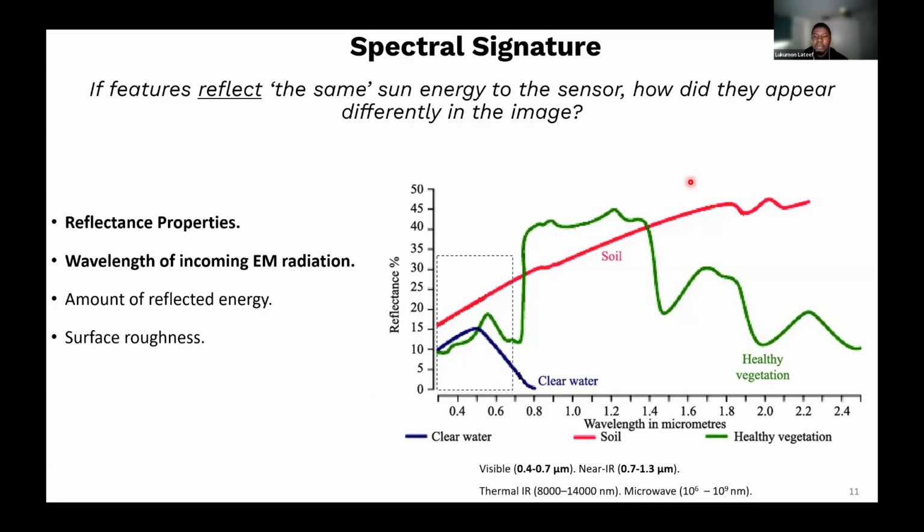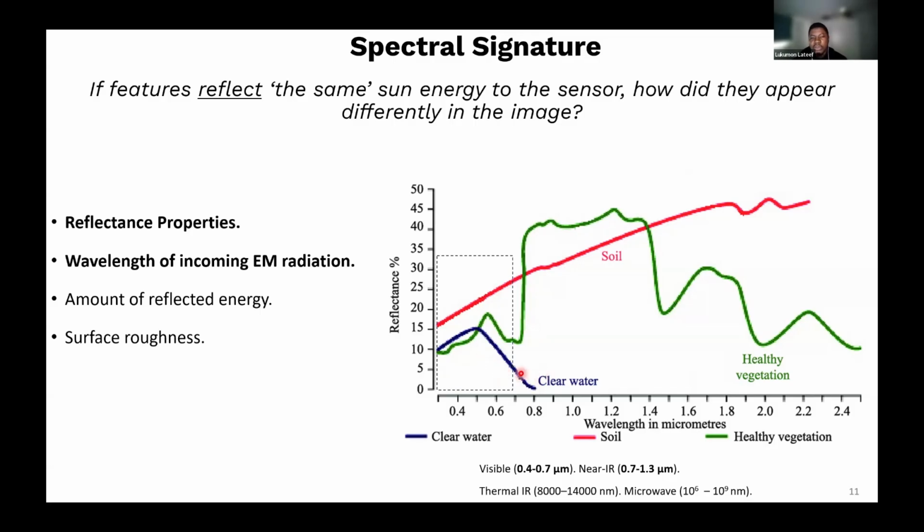Soil and built up can be put in the same category. The way they appear depends on the reflectance, wavelength, and also the amount of energy, as well as the roughness of the surface, which I'm going to elaborate on. So this is like a standard or unique property of these features.